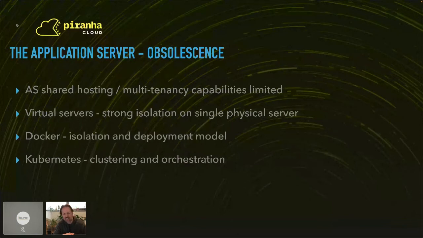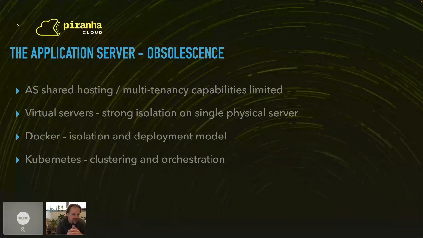And on top of that, Docker has a deployment model. You could deploy your image, you could reference this to a central repository, like GitHub, the Docker Hub in this situation. So this replaced a big thing of the application server.